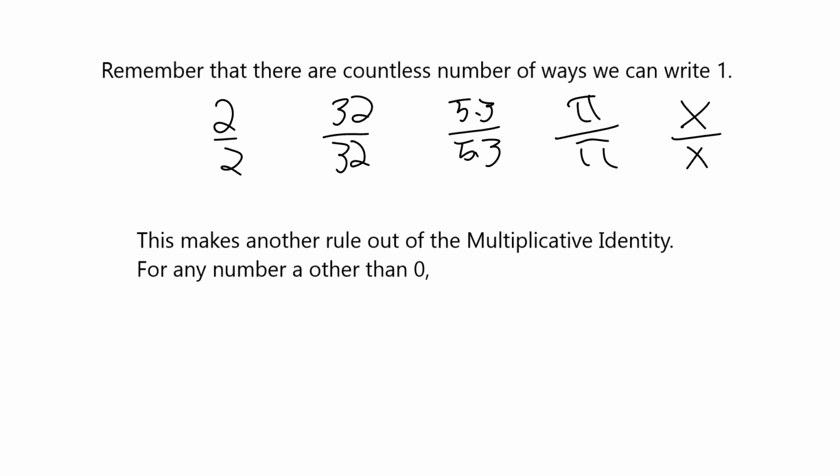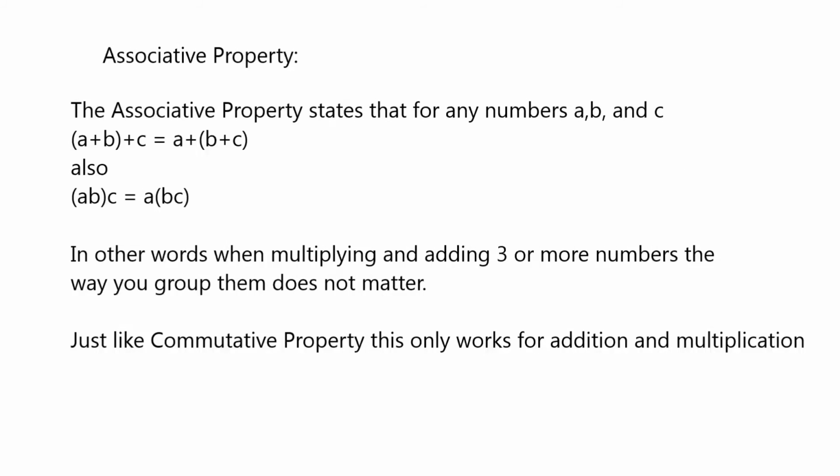There's an infinite number of ways that you can write 1. This makes for another rule about the multiplicative identity. And that rule is that for any number a, as long as it's not 0, a over itself will always equal 1 for any number other than 0.